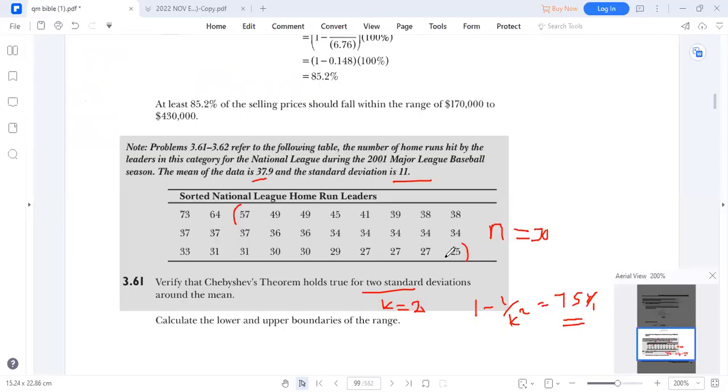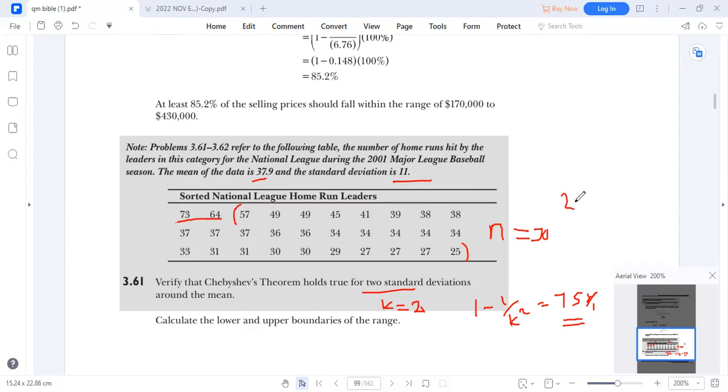But this one, 64, we can't include because it's above 59.9. So these two are out. Out of 30, this is 28, since there are 2 outside. So how many are they?